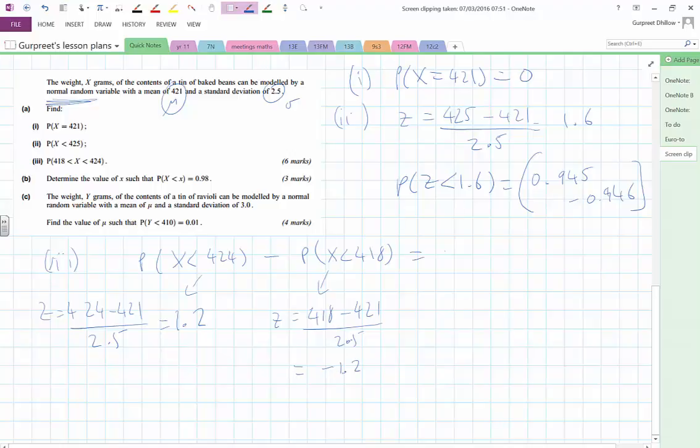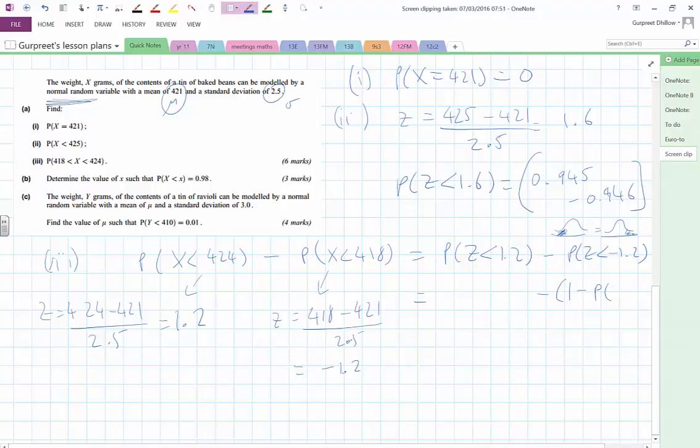So altogether this is going to be the probability that z is less than 1.2 minus the probability that z is less than minus 1.2. This one you can look up in the tables here. This one is 1 minus the probability that z is, so if you do a quick diagram, being less than minus 1.2 is the same as being more than positive 1.2.